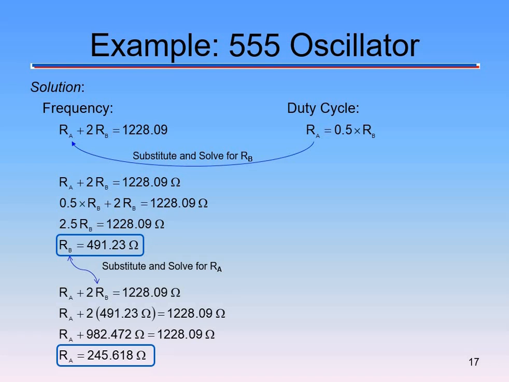Subtract the 982, so RA is 245. So there are two ways of finding RA. You can plug it back into either equation. Even though I've shown you the long way here, I would plug it into the duty cycle and just take 0.5 times RB, so half of 491 is 245.618.